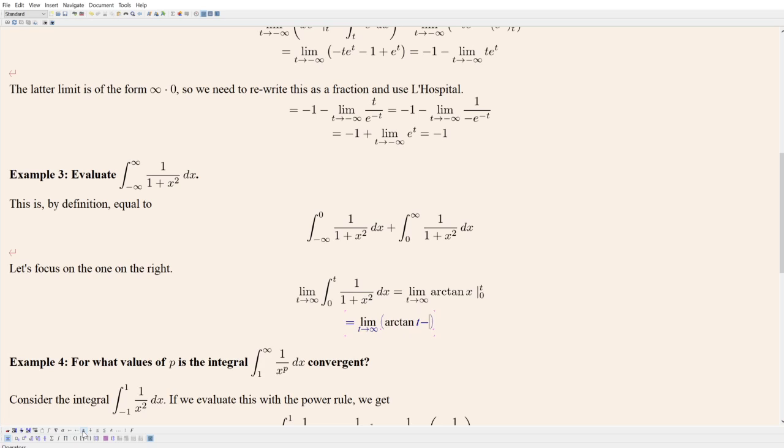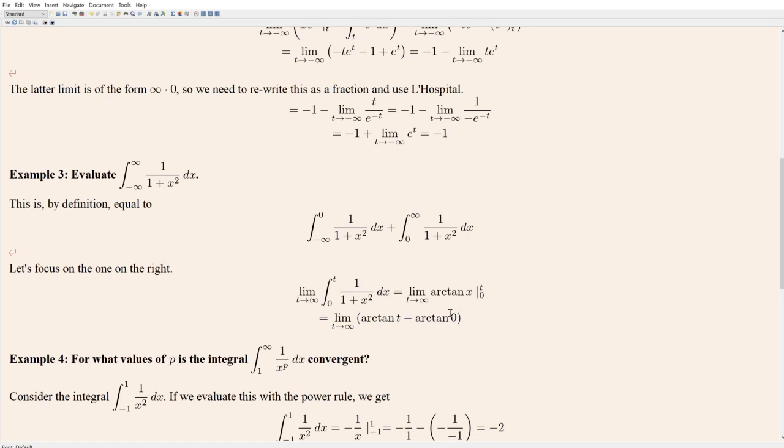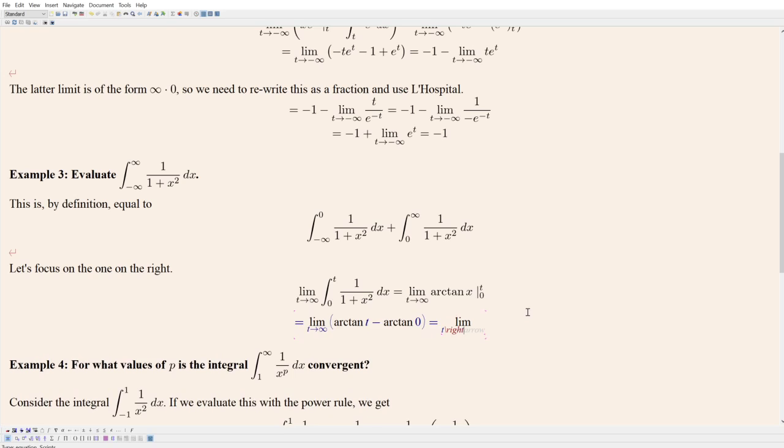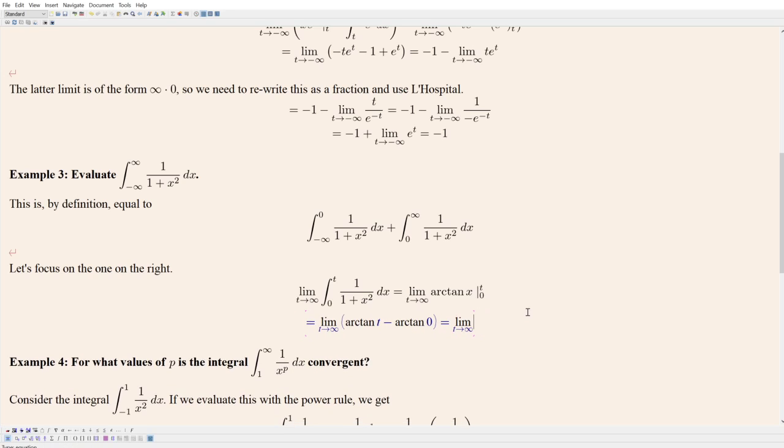So arctan at t minus arctan at 0. Arctan at 0 is 0, right? What angle gives us a tangent of 0? 0 does. So that second term just doesn't even need to be there.